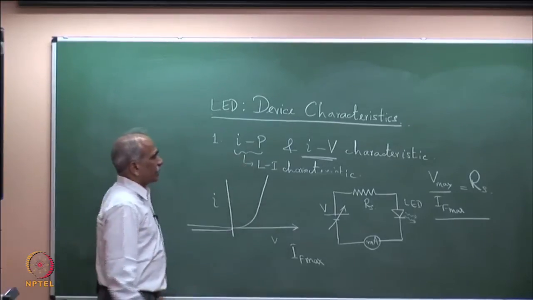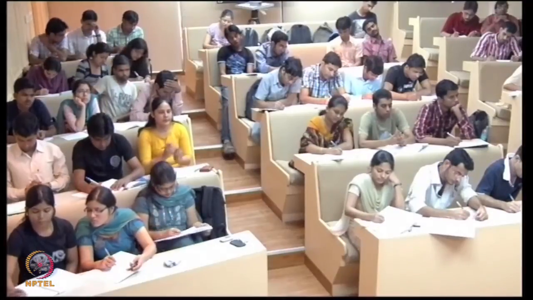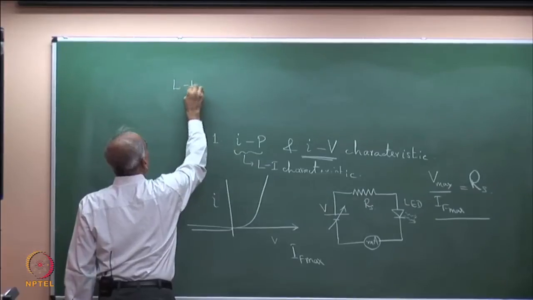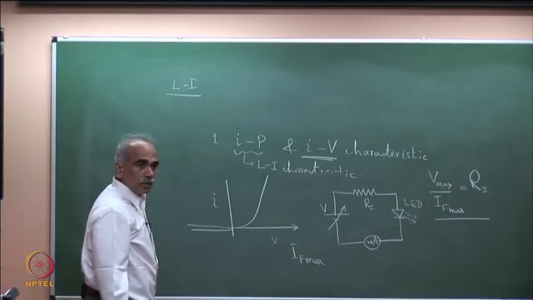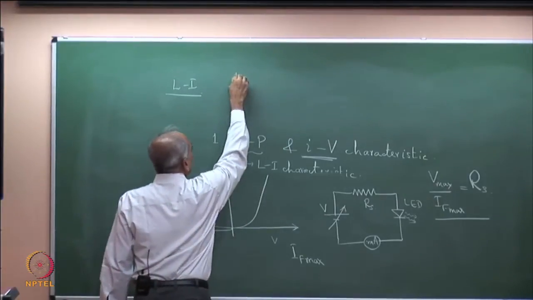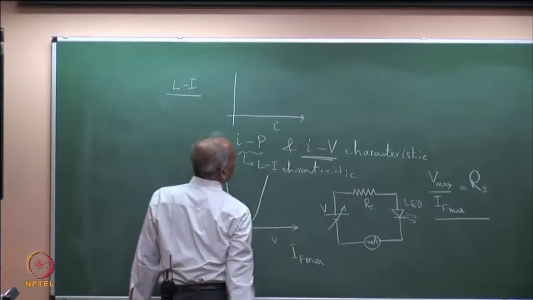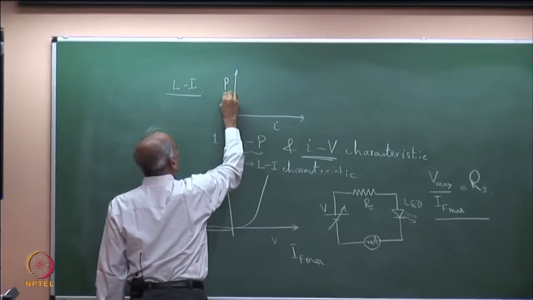I come to the next characteristic, IP or LI characteristics, light current characteristics of a diode. This is very important. So, LI characteristics. What do we expect? Current I through the diode versus optical power P optical.